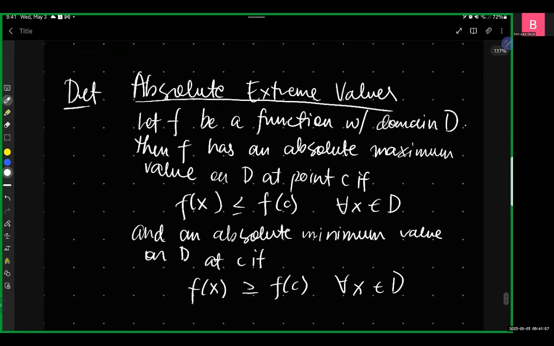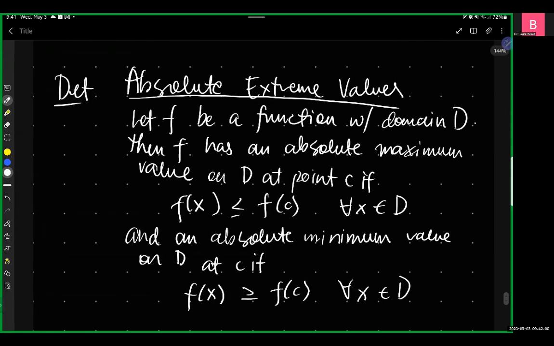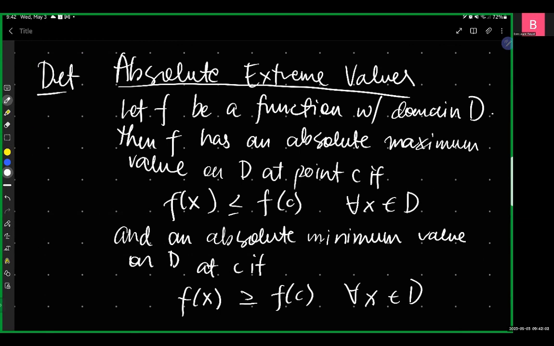An absolute extreme value is a value of a function in domain D wherein it satisfies the following. It is a maximum when f of x is less than or equal to f of c for all x in D, and it is an absolute minimum at c when f of x is greater than or equal to f of c for all x in D.